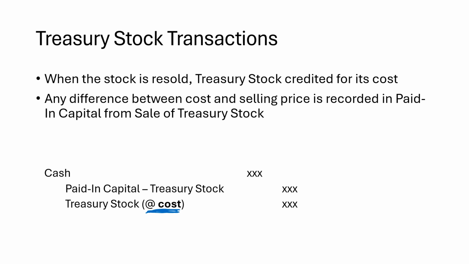What you previously reacquired it for was the cost of the treasury stock to the corporation, so you decrease the treasury stock account by that same amount. Any difference will be credited to paid in capital treasury stock.